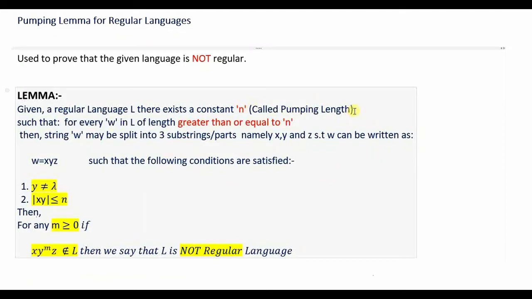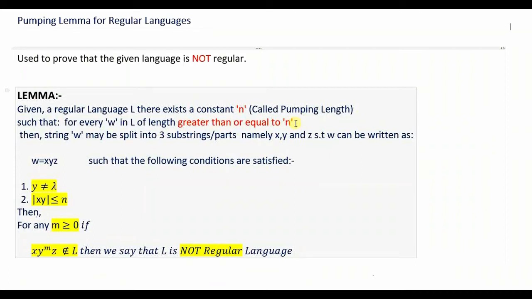So assume that L is a language given to you, then there exists a constant n, the pumping length, such that for every valid string w in L, the length of w should be greater than or equal to n.